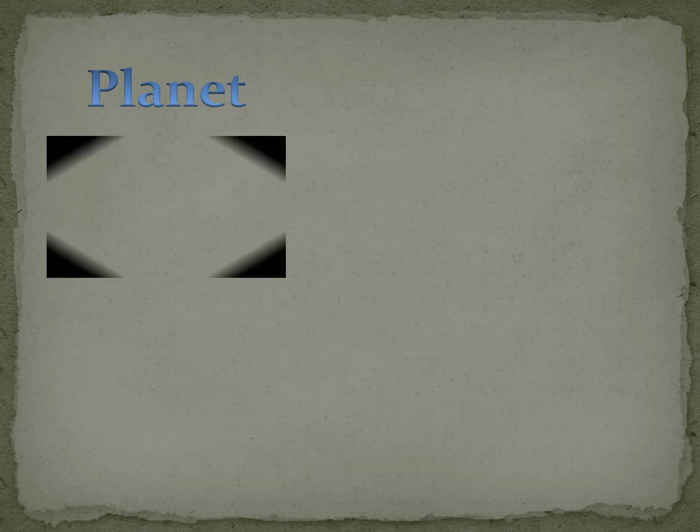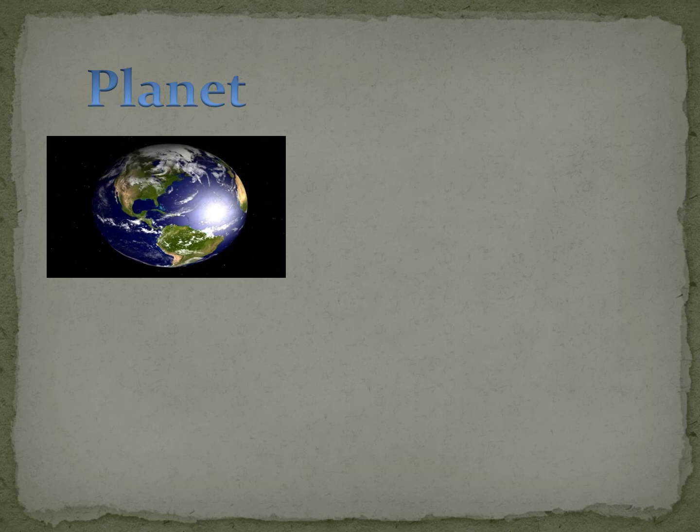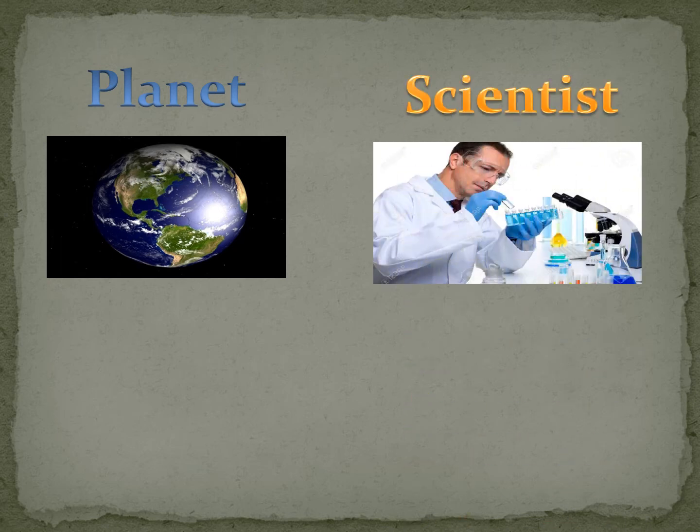Please say these new words with me. Planet. A planet is a noun which means a very large round object in space that moves around the sun or another star. Scientist.